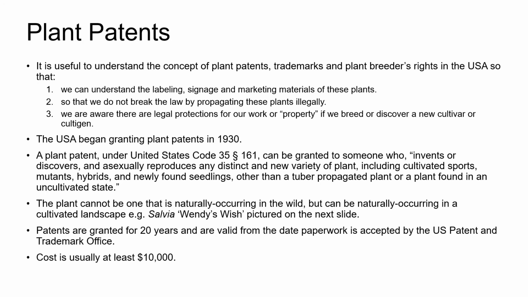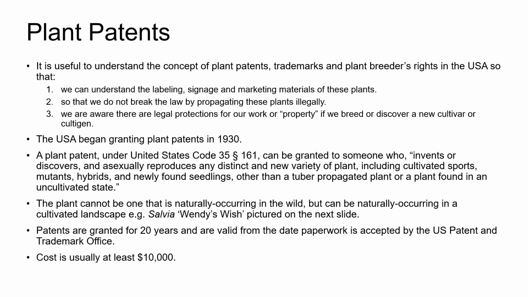So the USA began granting plant patents in 1930, and under the United States Code 35, Section 161, a plant patent can be granted to someone who invents or discovers and asexually reproduces any distinct and new variety of plant, including cultivated sports, mutants, hybrids, and newly found seedlings, other than a tuber-propagated plant or a plant found in an uncultivated state.